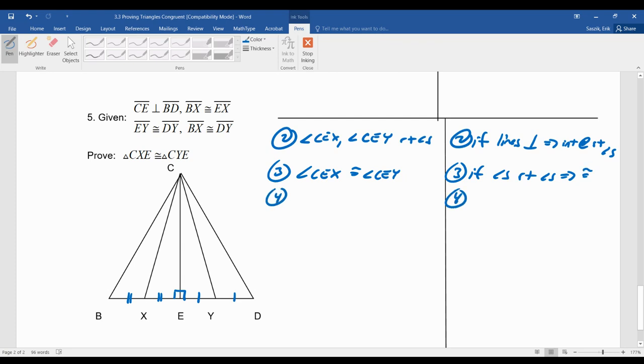Okay, all right, so we caught up to the tick marks here. Now, we know that this is congruent to that. That was told to us. We did that in step 1. This is congruent to that. But now what can we say here? Take a look. We really want these two segments congruent, right?